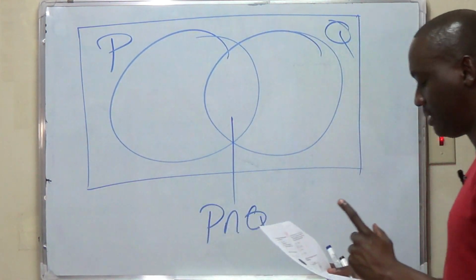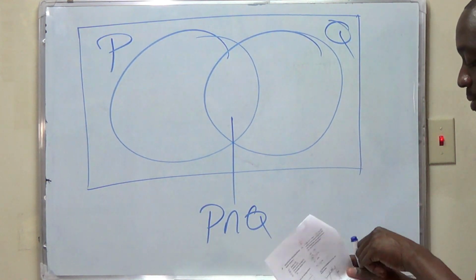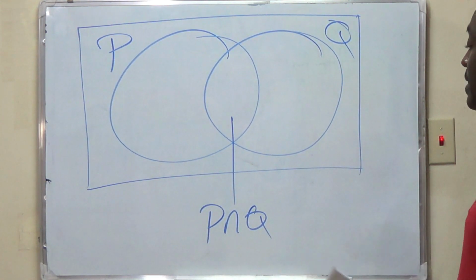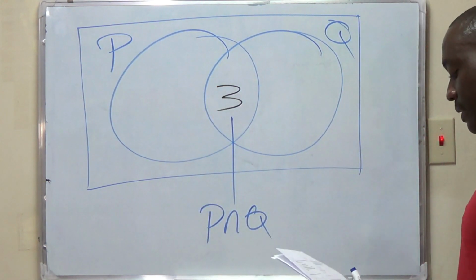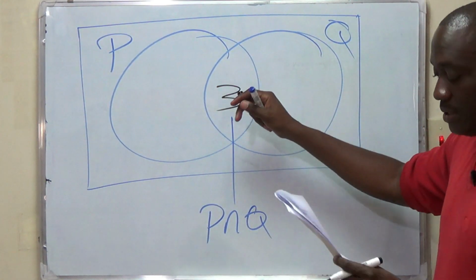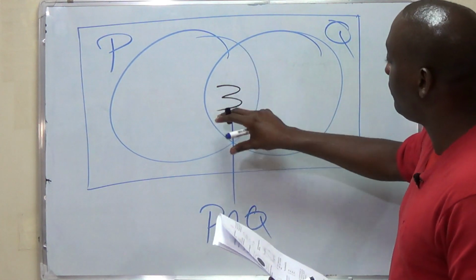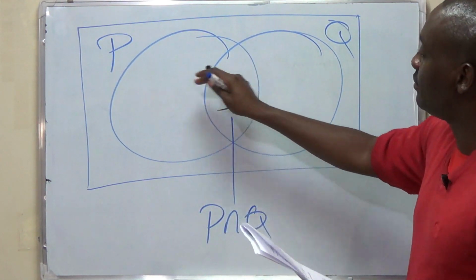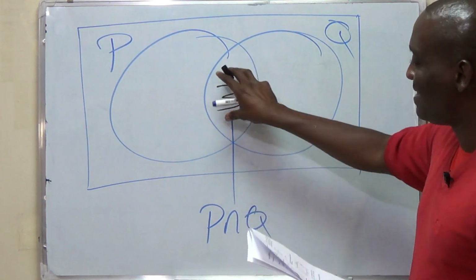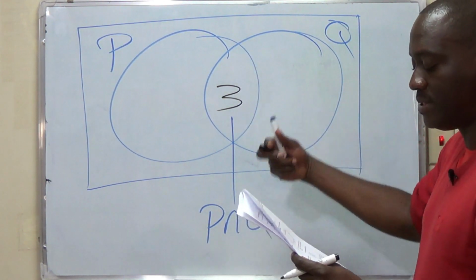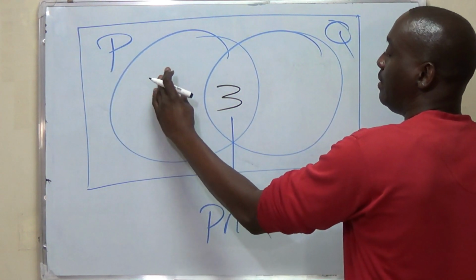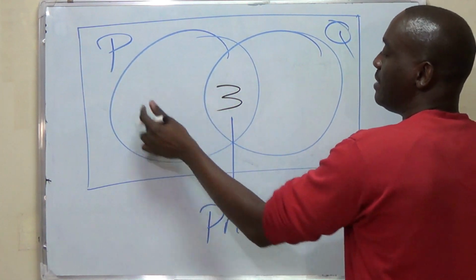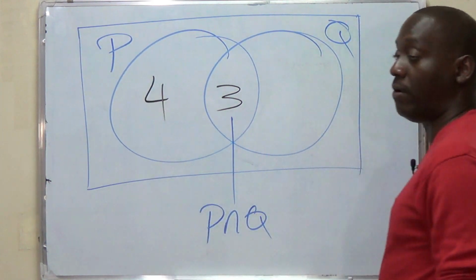So that in this case, the very first thing we want to put down here would be n(P intersect Q), which would be a 3. Good. So in other words, we have three elements that are members of both P and Q. With this in hand now, we are in a position to say that if n(P) is 7, then this little region here must be 4.